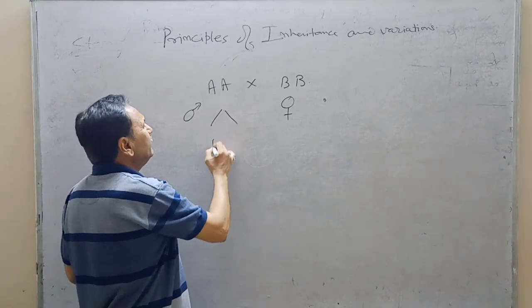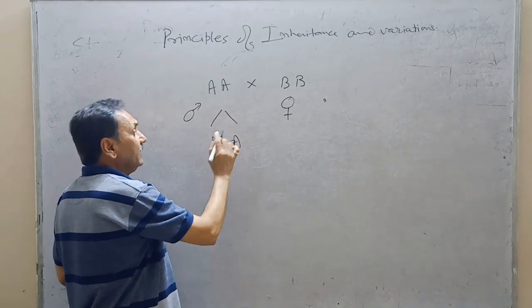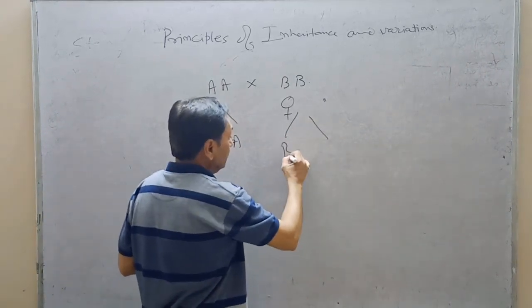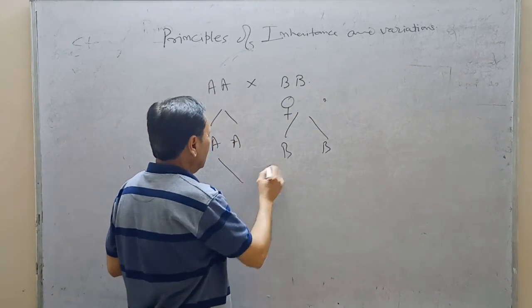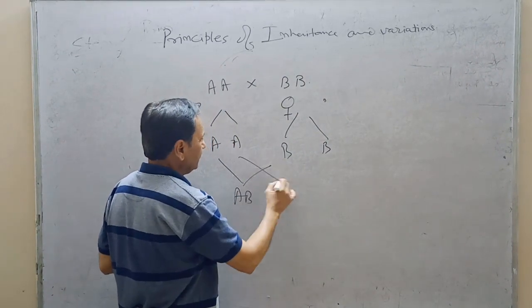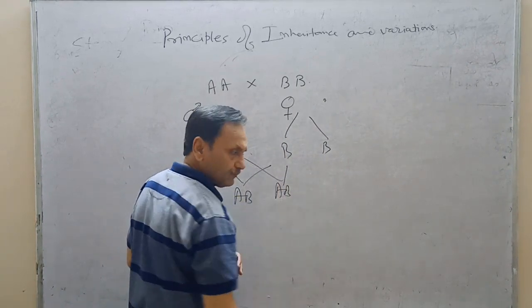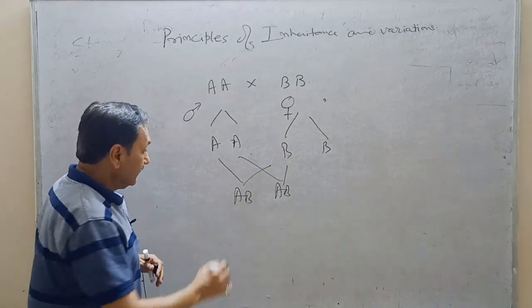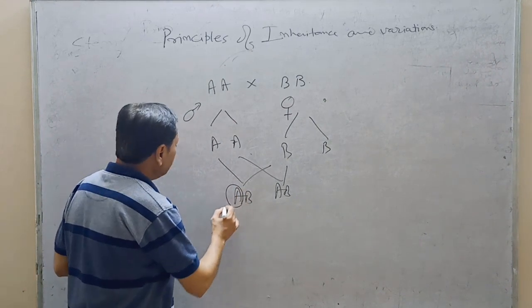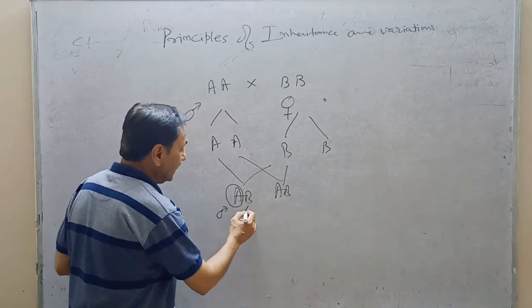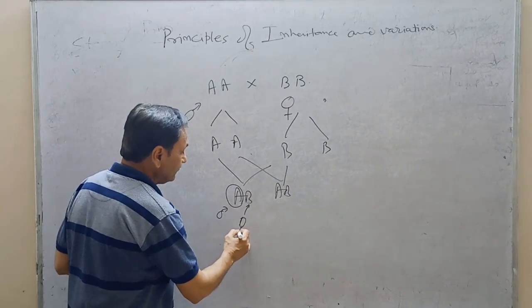Then their gametes will be A, their gametes will be B, and their product is AB. But here A is the male part and B is the female part.